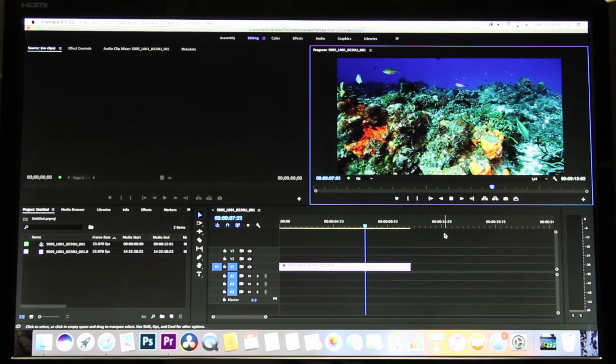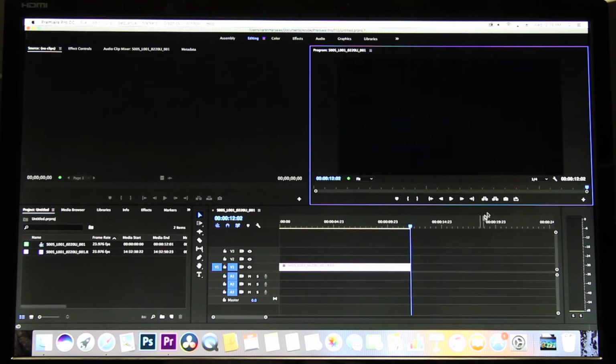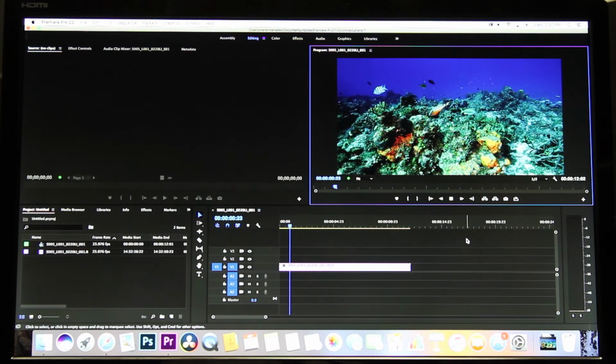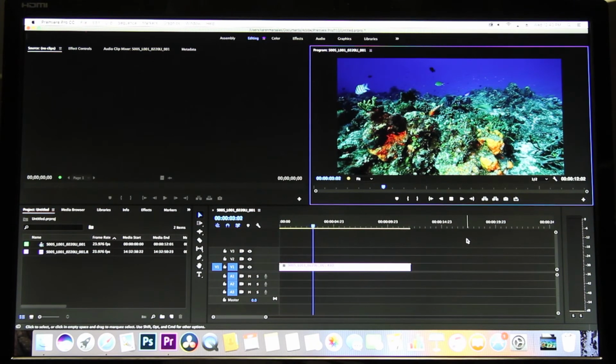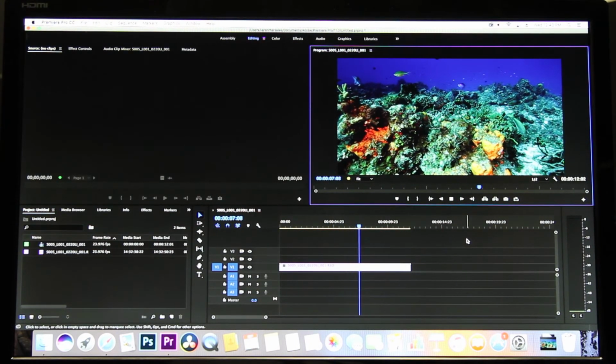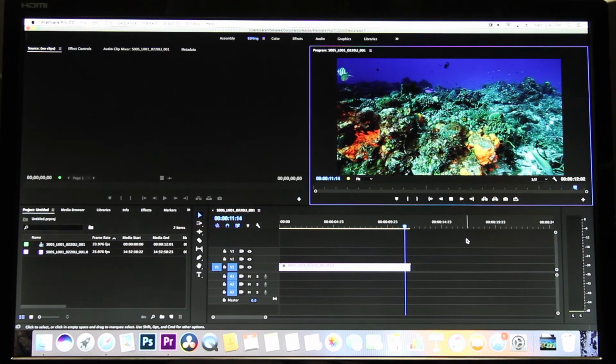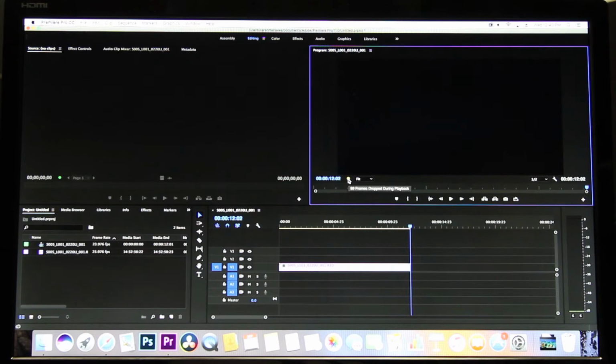So we can see the OpenCL hardware acceleration plays the quarter resolution smoothly. And it has trouble on the half resolution. About 99 frames dropped.